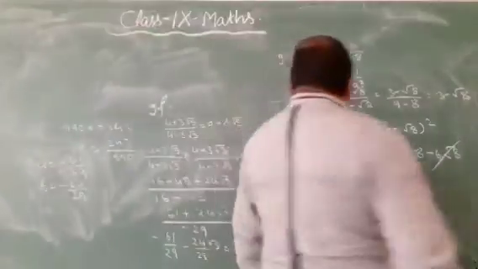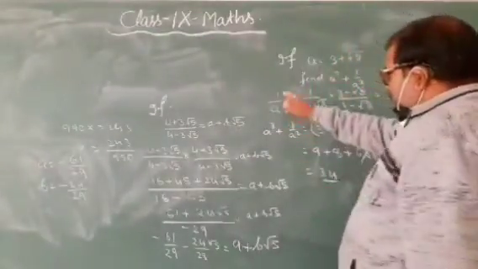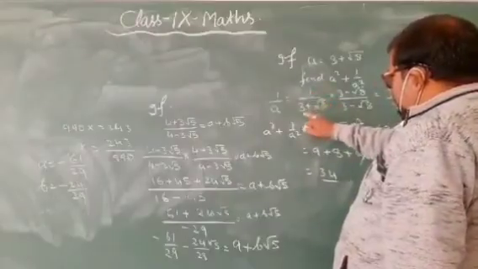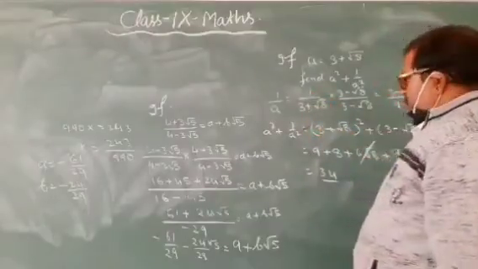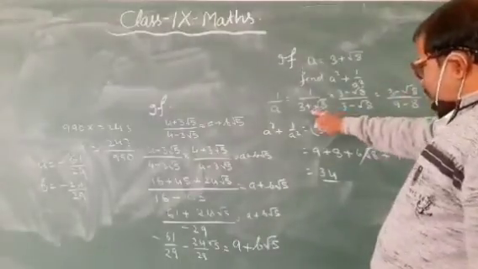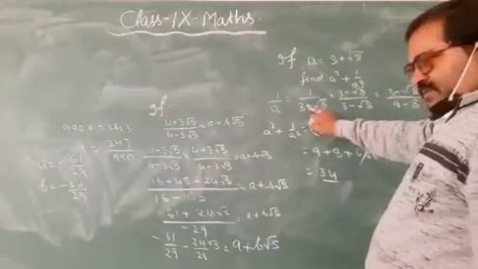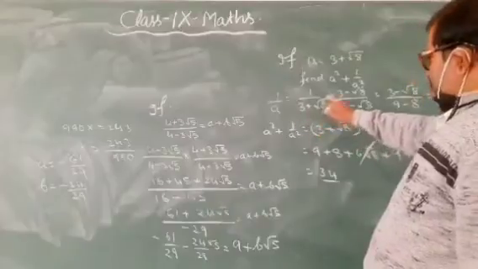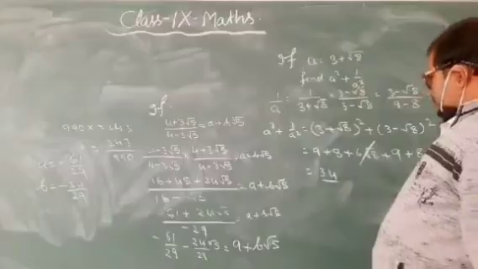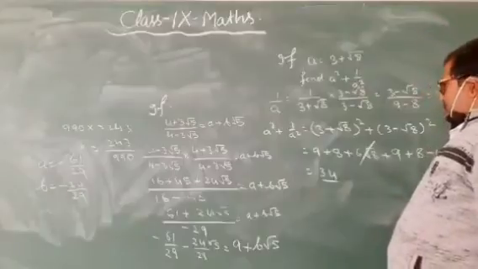Find the value of 1 upon a. 1 upon 3 plus under root 8. Now rationalize the denominator of the given fraction: multiply by 3 minus under root 8 upon 3 minus under root 8.